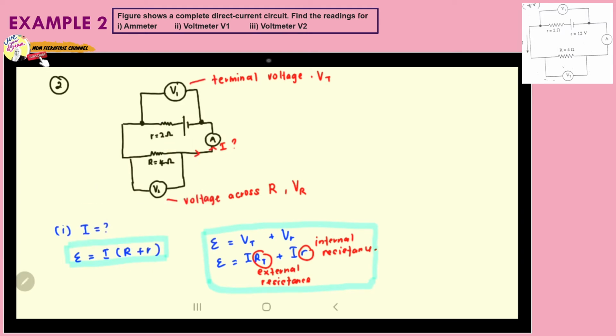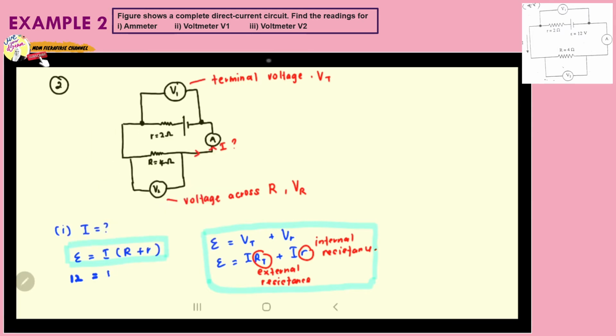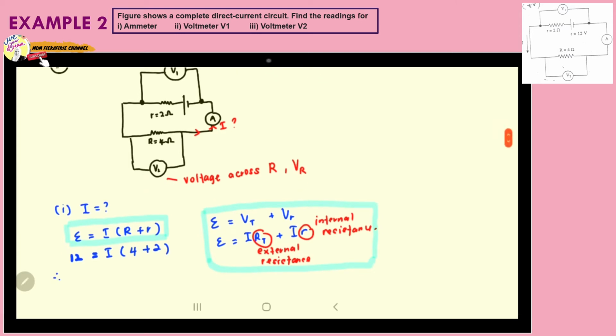So EMF is given as 12 volt. All right, and we want to find the external resistance. We just have one resistor here, which is 4, plus the internal resistance, which is 2. Okay, so 12 over 6, therefore I is equal to 2 ampere.